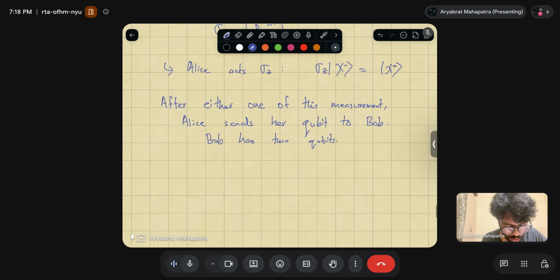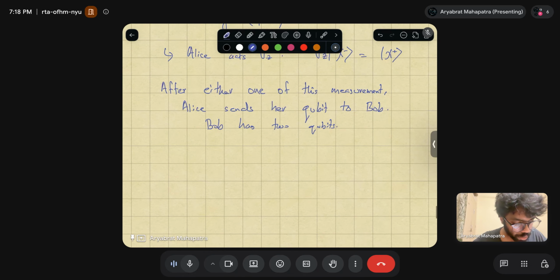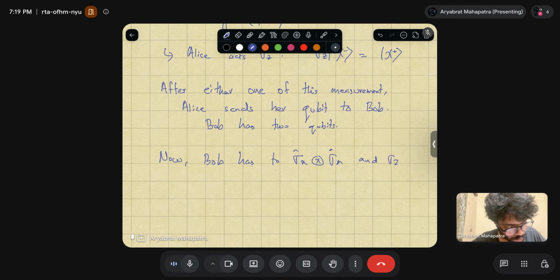Now Bob has to measure the sigma x cross sigma x operator and sigma z sigma z, because now Bob has two qubits with him.